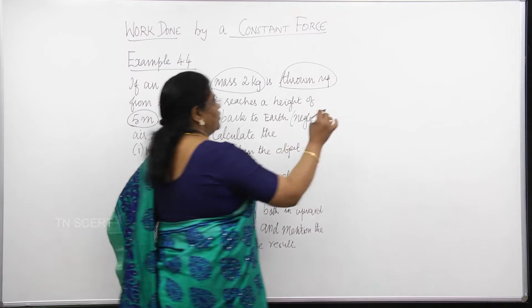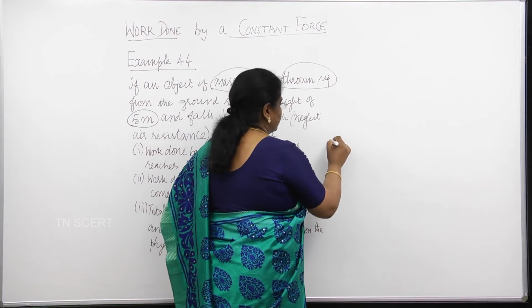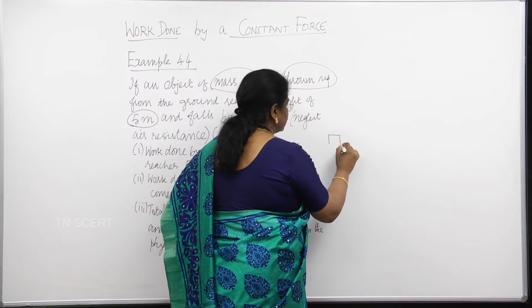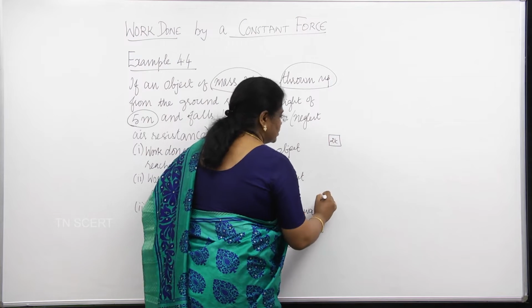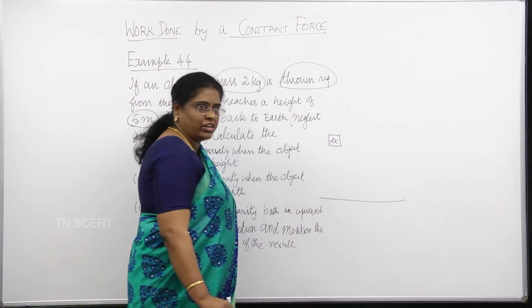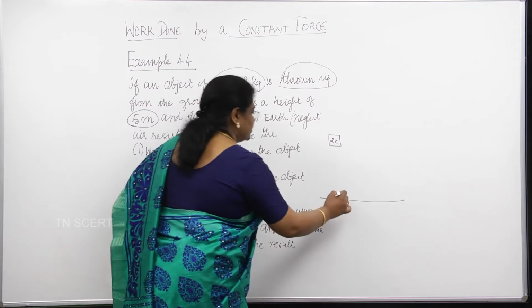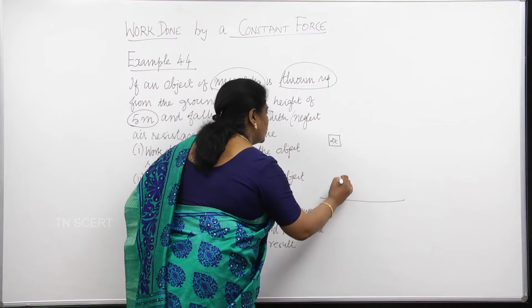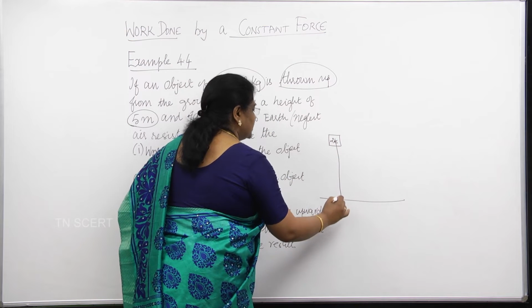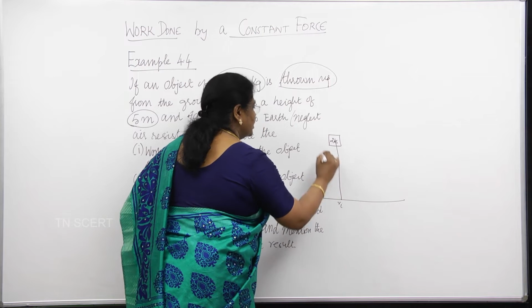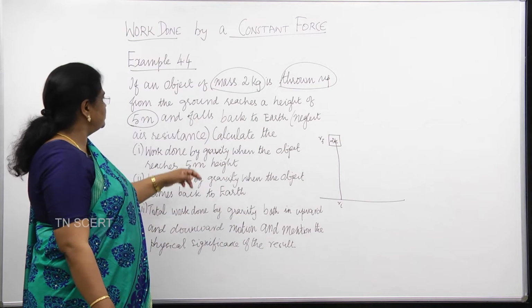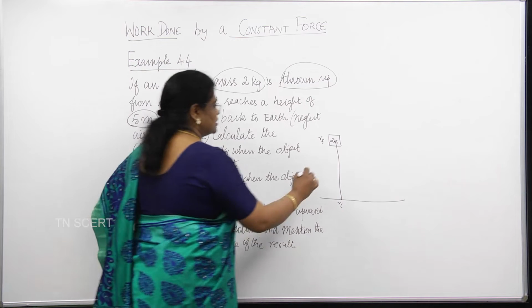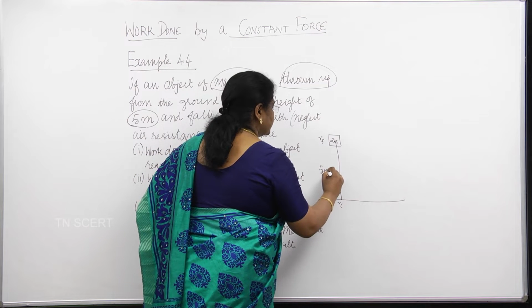So, we need not bother about the influence of air resistance in this situation. If I have to understand it diagrammatically, some mass, say 2 kg, is thrown from the ground level. When it is thrown, it goes up, and this is the initial position, and it reaches this final position, and the displacement here is 5 meters, because it is reaching 5 meters height.